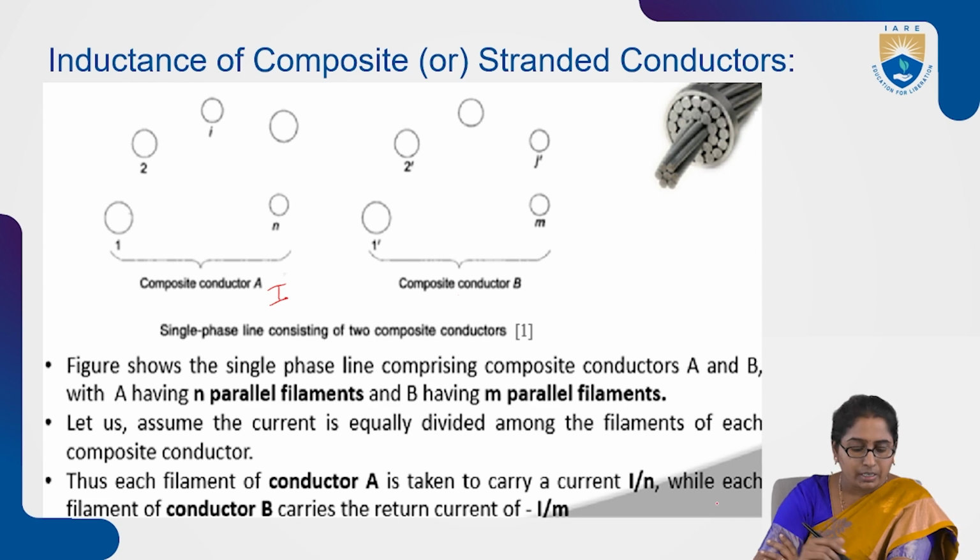Then similarly in conductor B, the current is minus I. In a single phase line, one conductor acts as the go conductor and the other conductor acts as the return path. So if one conductor's current is I, then automatically the other conductor's current is minus I. That's why in conductor B, each filament carries a current of minus I by m, because the total conductors are m.